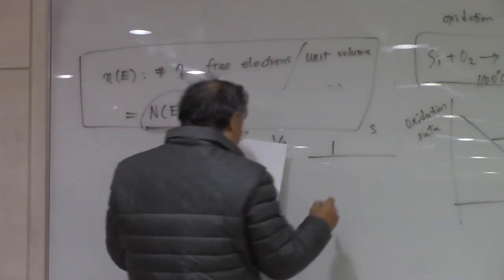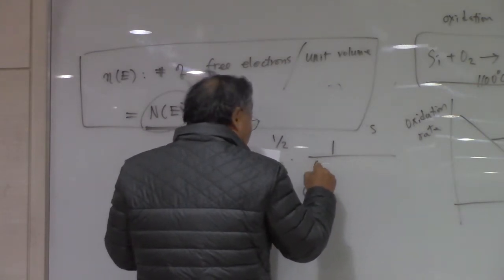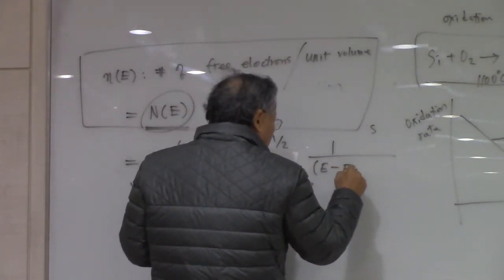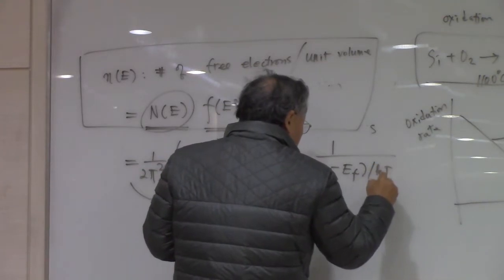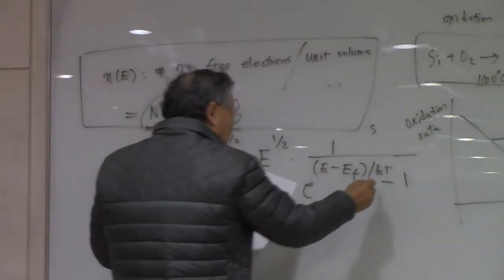And then we want to multiply that with the Fermi-Dirac statistics, which is going to look like this.